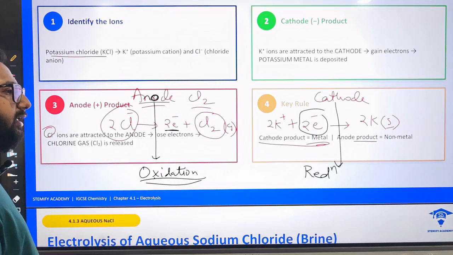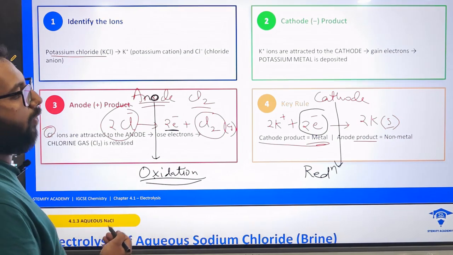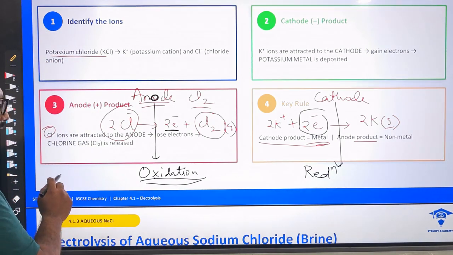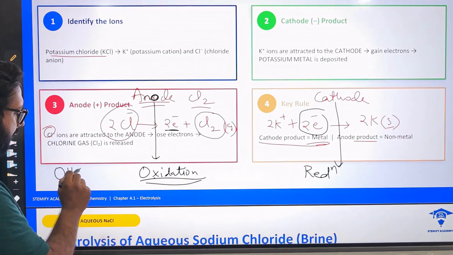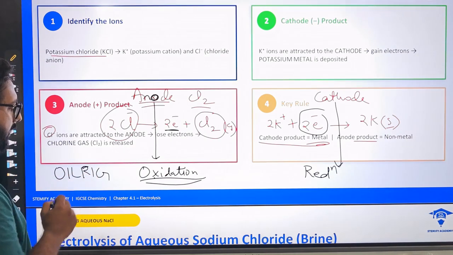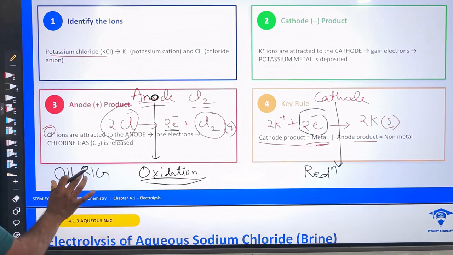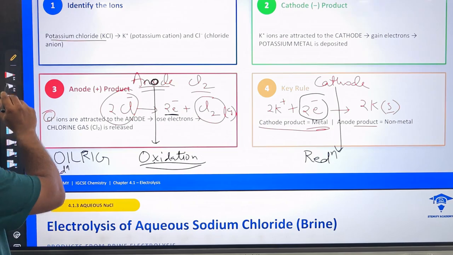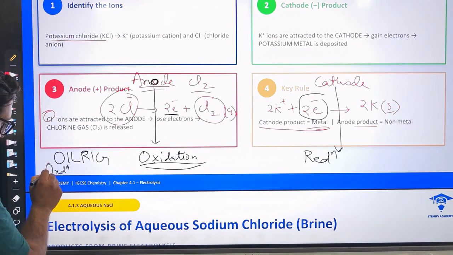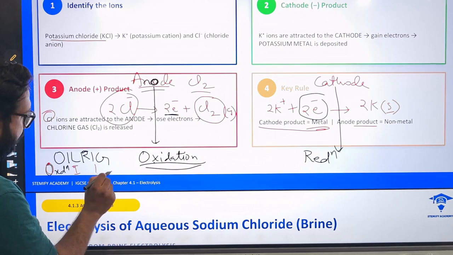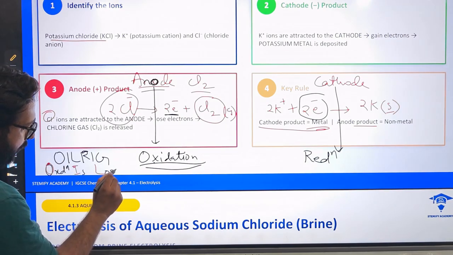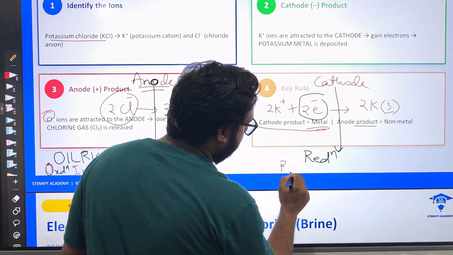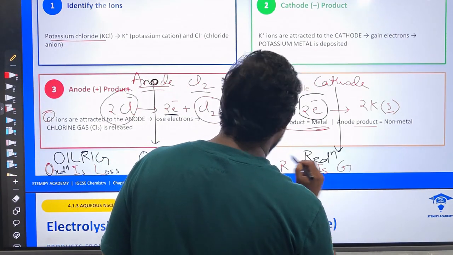There is a small mnemonic to remember what happens during reduction and what happens during oxidation. The mnemonic is OIL RIG. I hope you remember this. OIL RIG means oxidation is loss of electrons, and reduction is gain of electrons.